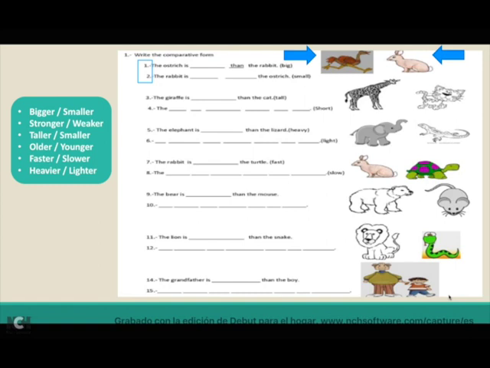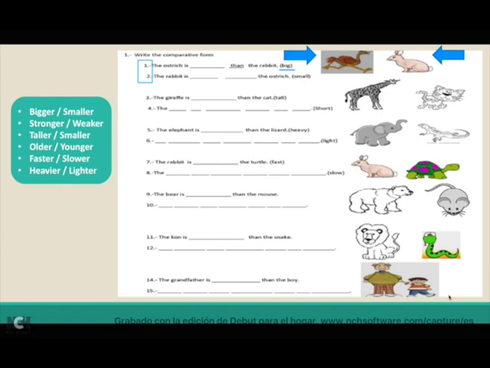First, you're going to read each sentence. Let's read the first one. The ostrich is, then the rabbit. And at the end, we have the word big. What is the comparative form of big? As you can see in the box, on the left side, we have bigger. So the correct form you have to write on the line is bigger.